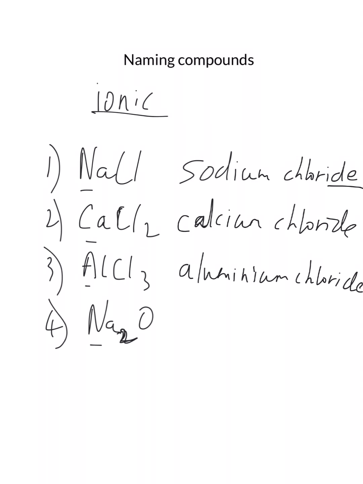Same for calcium and aluminium. When they come together with chloride, it'll always be in this ratio because the charges have to be balanced out. So when it comes to ionic compounds, we don't have to indicate quantity, just indicate what we have in there and change the second element to an ide. In the same way, that last example there, sodium oxide.